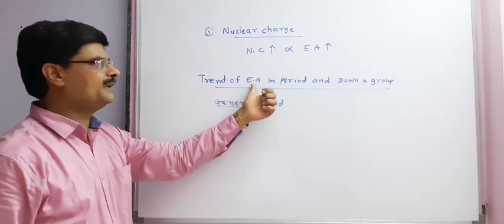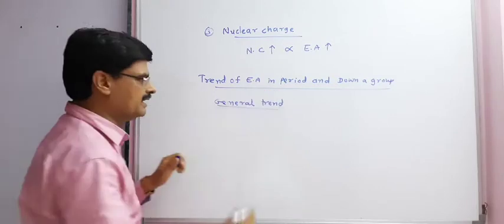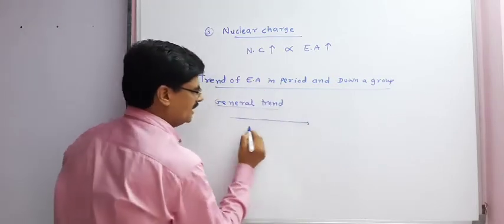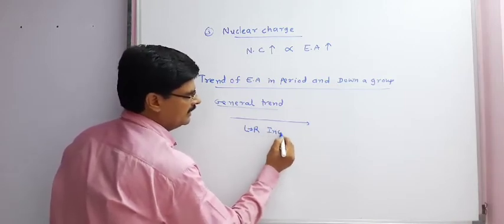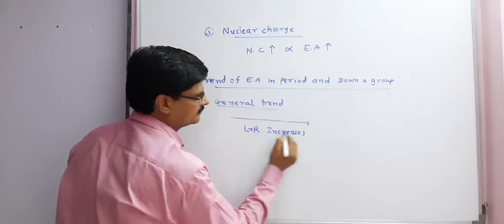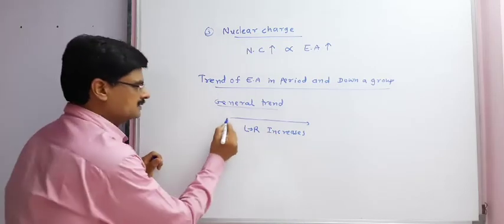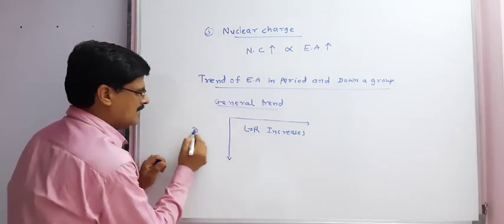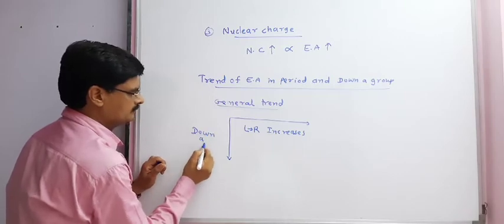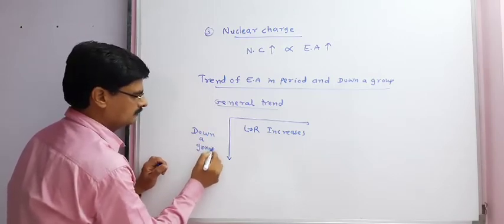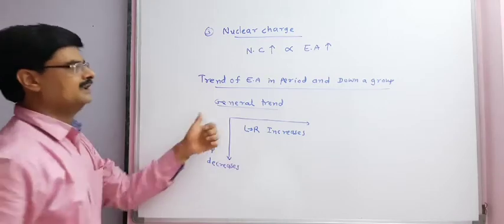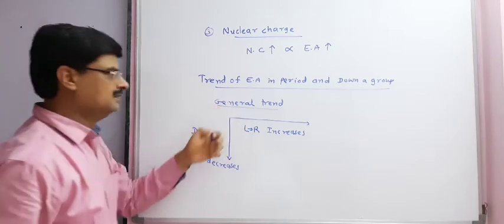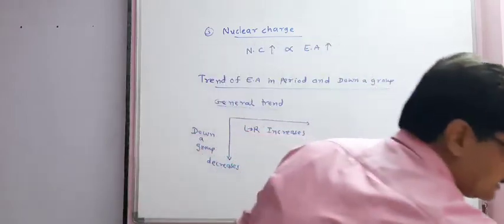General trend of electron affinity in period, as we move from left to right, increases, but down a group decreases. This is the general trend, but there are some exceptions.